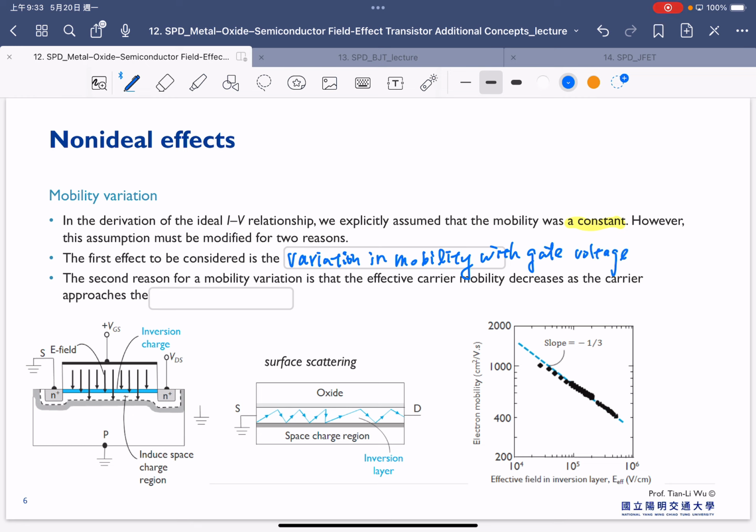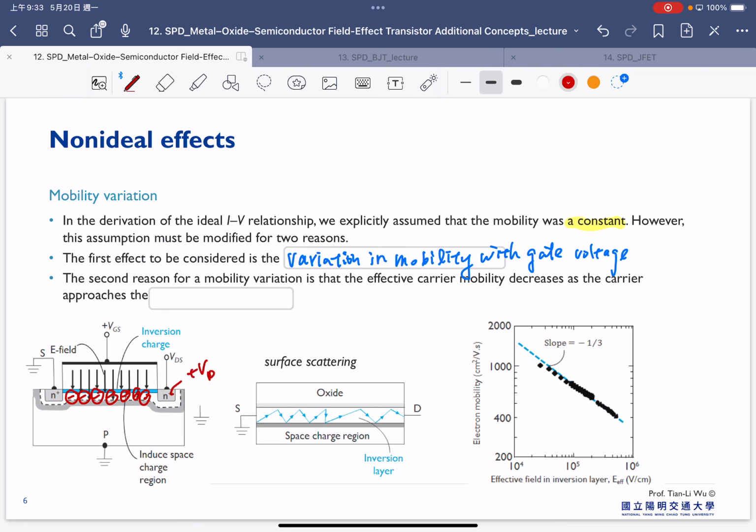This is because once we apply the positive gate bias, ideally, once the gate bias is larger than the threshold voltage, we start to have inversion electrons in the channel, and then we apply the positive drain bias.